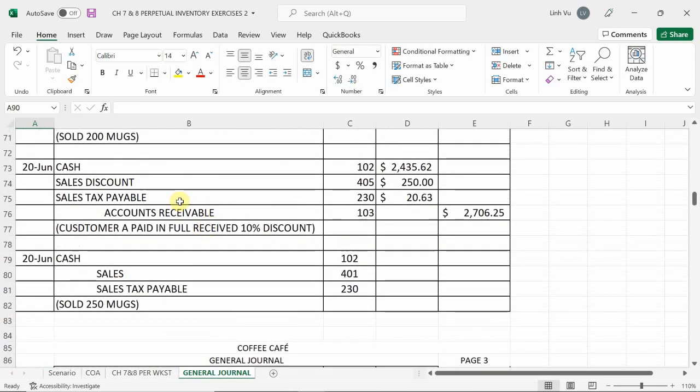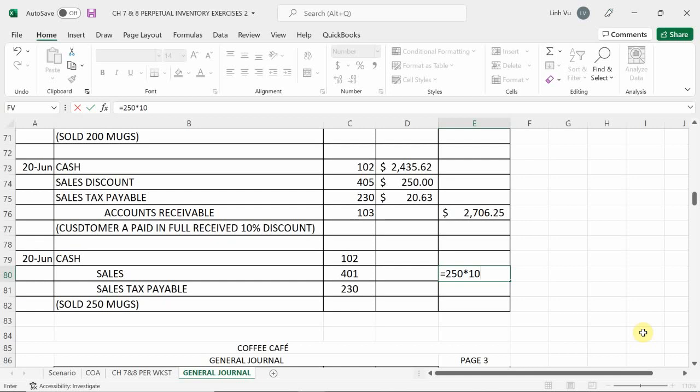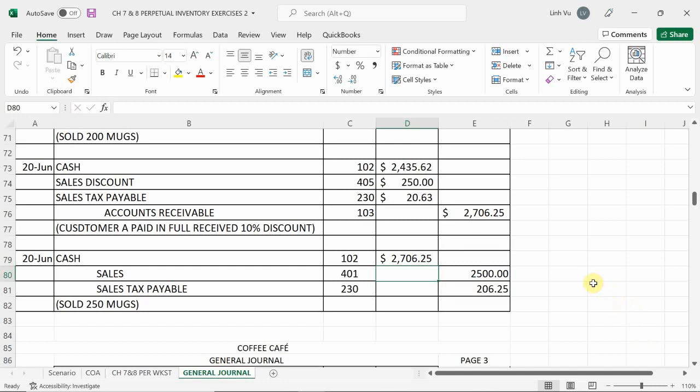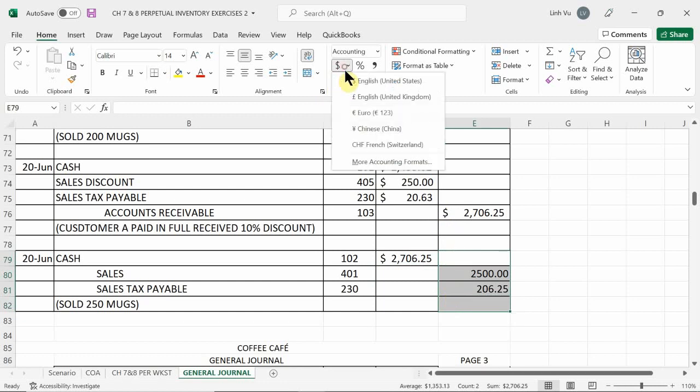So here I sold 250 mugs for $10 each for cash. That's $2,500. How much tax is going to be collected? $206.25. Therefore, in grand total, you received $2,706.25.